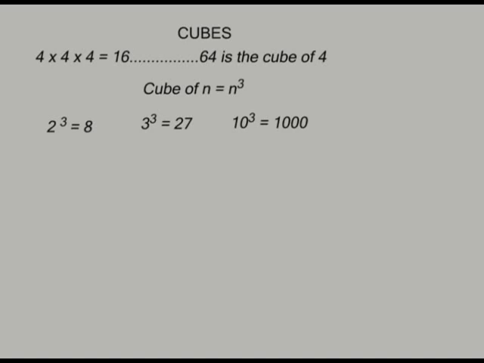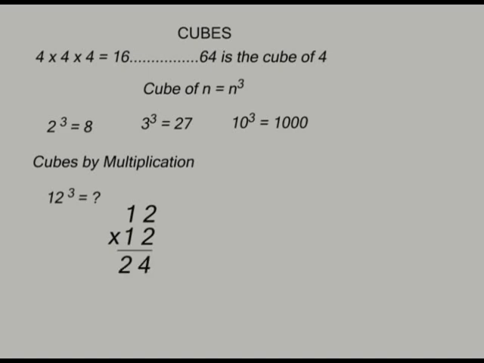One method of obtaining the cube of a number is by direct multiplication. For instance, 12 cubed. We first multiply 12 times 12. So we have 4 and 2, and then 2, 1. And if we add that, we get 144.